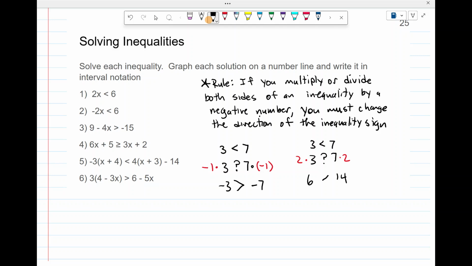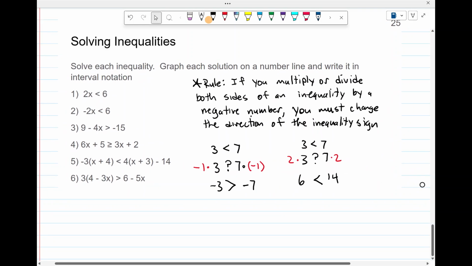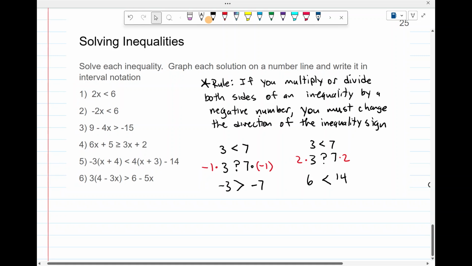In this case, 14 is greater, right? So here's an example, and this will always be true, that if we multiply both sides of an inequality by a positive number, then you do not need to switch the direction of the inequality sign. And in the first example, that will always be true, that if you multiply both sides by a negative number, you must switch the direction of the inequality sign.